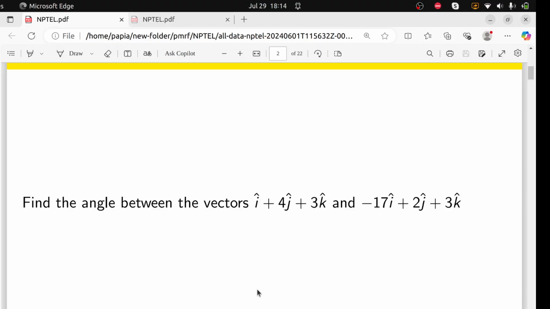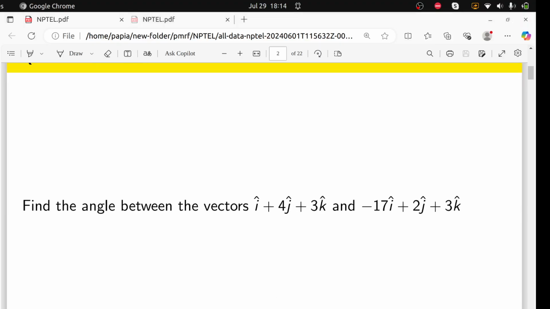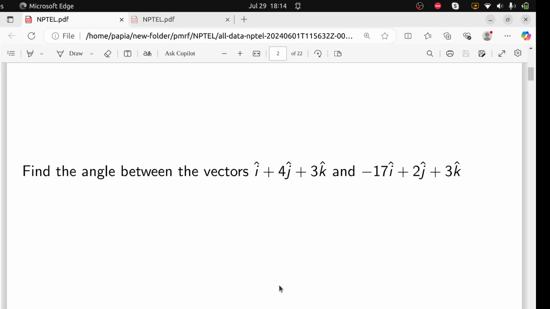So this is the very first question. Find the angle between the vectors, this and this. There are two vectors, and they just want to know what will be the angle between these two vectors. Can you people do that?